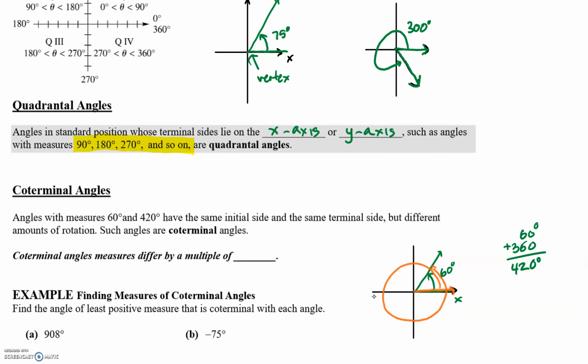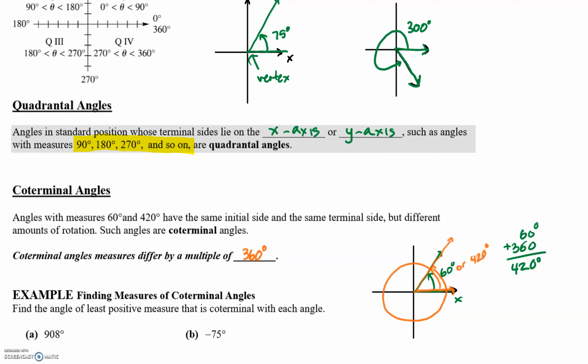It lands on the same place that 60 did. So this could be 60 degrees, or it could be 420, because 60 and 420 are coterminal. Coterminal angles differ by a multiple of 360 degrees, a full rotation.